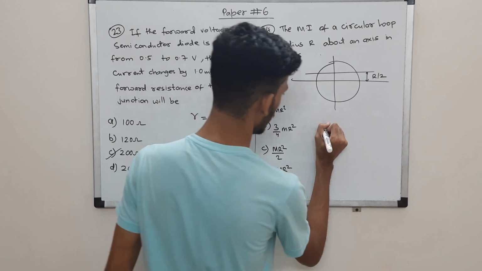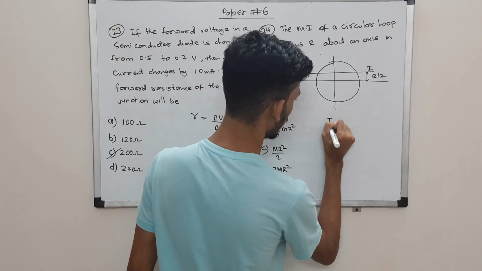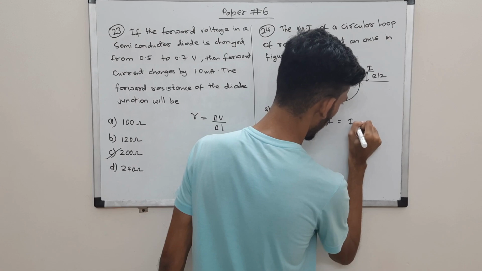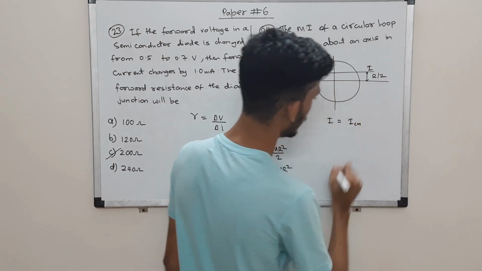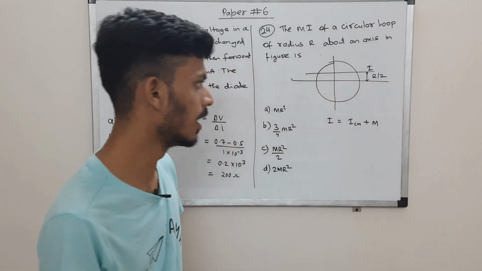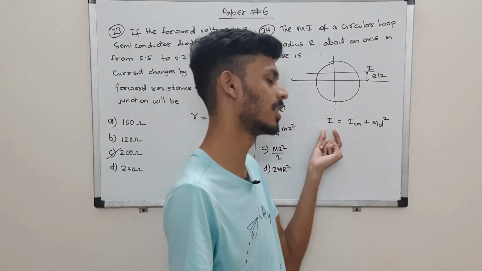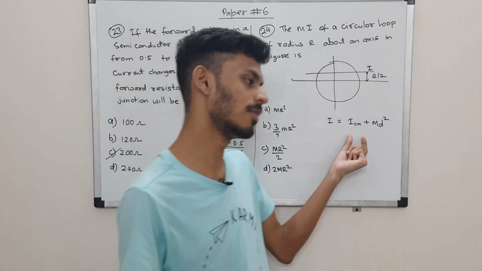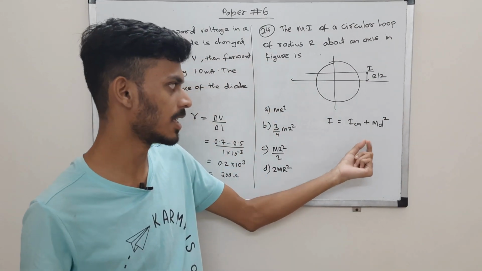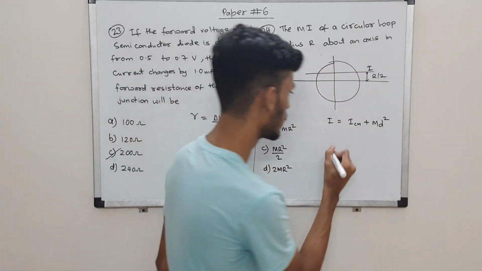Parallel axis theorem says that the moment of inertia about any axis is given as the moment of inertia about a parallel axis passing through the center of mass plus mass of the body times the distance between the two axes squared. So simply substitute it.